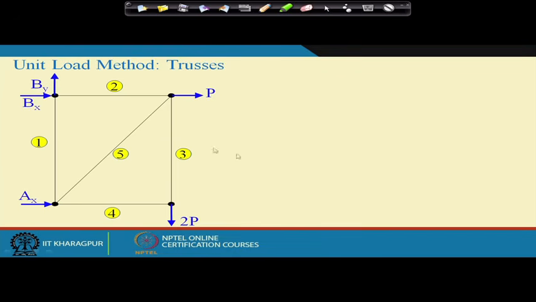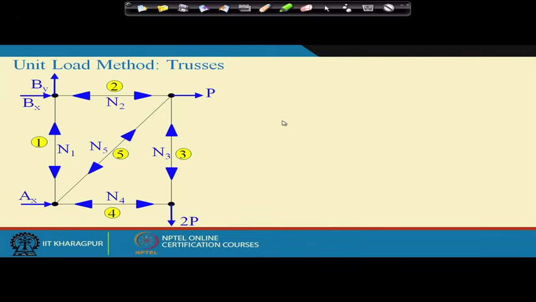Because of these forces, suppose the members have internal forces like this. Suppose these internal forces are denoted as Ni. This gives us the force field, that is, the external forces and the internal forces.